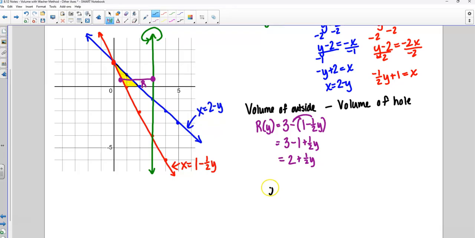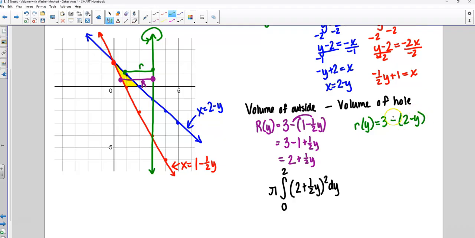So we've got pi integral of the radius 2 plus 1/2 y squared dy. Limits here, 0 to 2, y-axis, right? And so we're out of time, but real quickly, lowercase r of y is going to be 3 minus the other equation, 2 minus y.